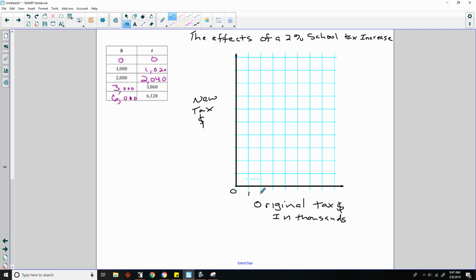So this is 1,000, 2,000, 3,000, 4,000. You get the idea? Rather than writing all those zeros and trying to squeeze them in here, if you say original tax dollars in thousands, then the reader knows that these are in thousands. And I'm going to do the same here. New tax dollars in thousands. And this will be 1,000, 2,000, and so on.